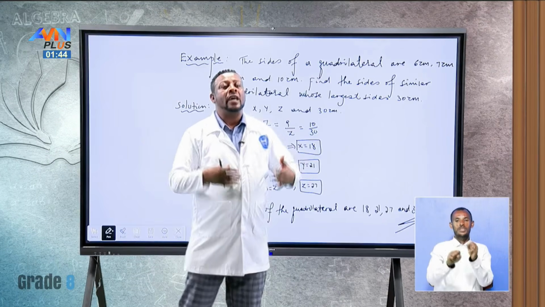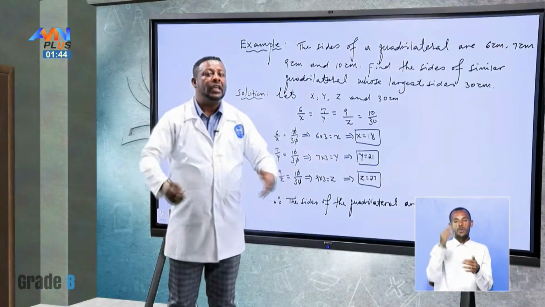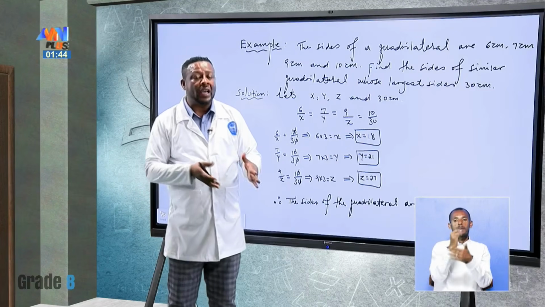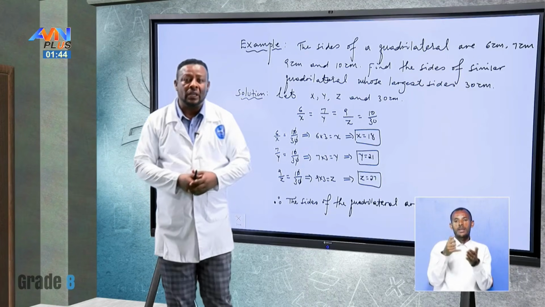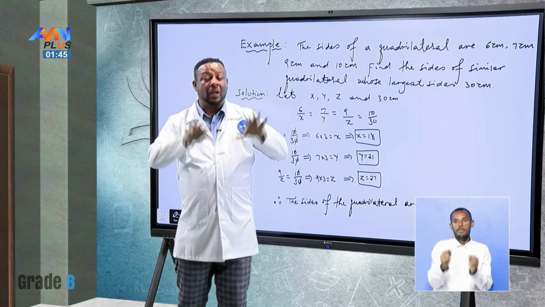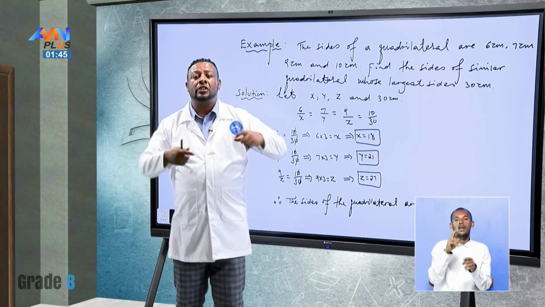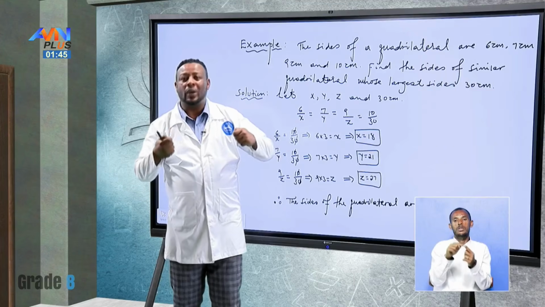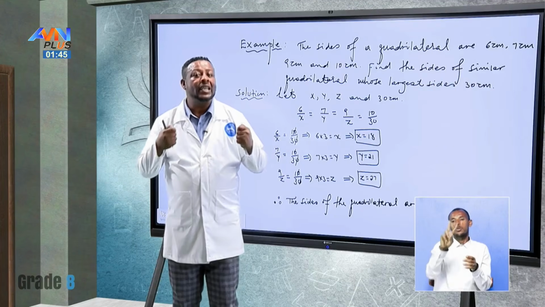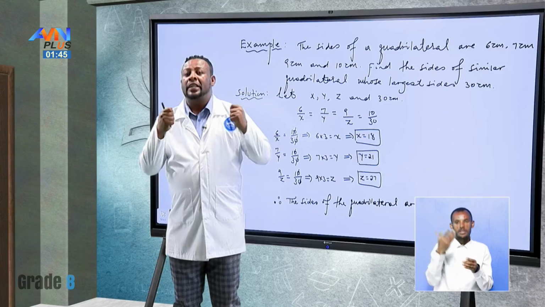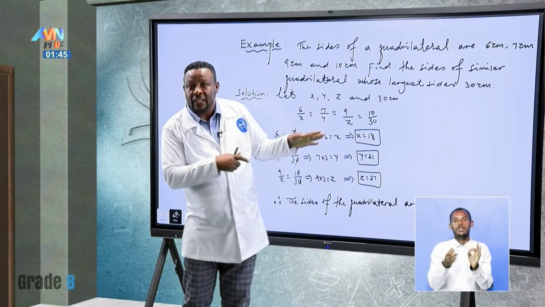So this is how you determine similar plane figures. It can be triangles, it can be quadrilaterals, it can be pentagonal plane figures. Whenever you are interested to check whether two polygons are similar or not, don't forget to properly apply the definition that I already stated.